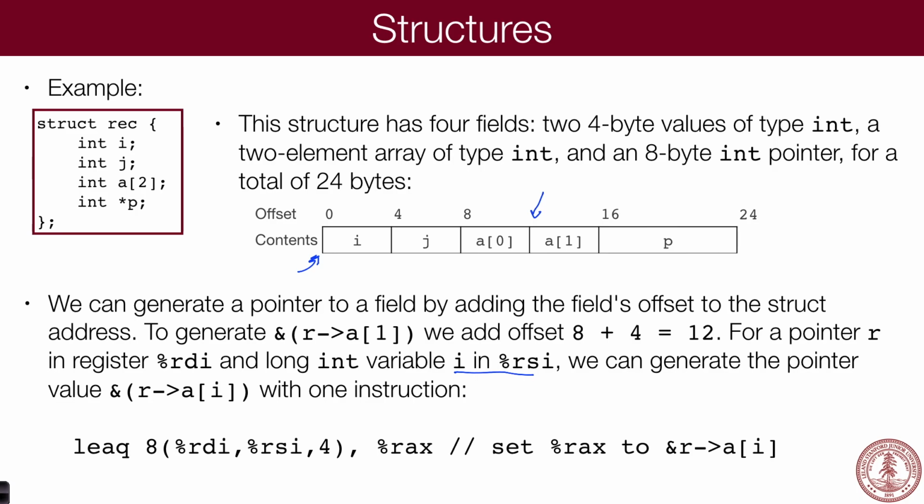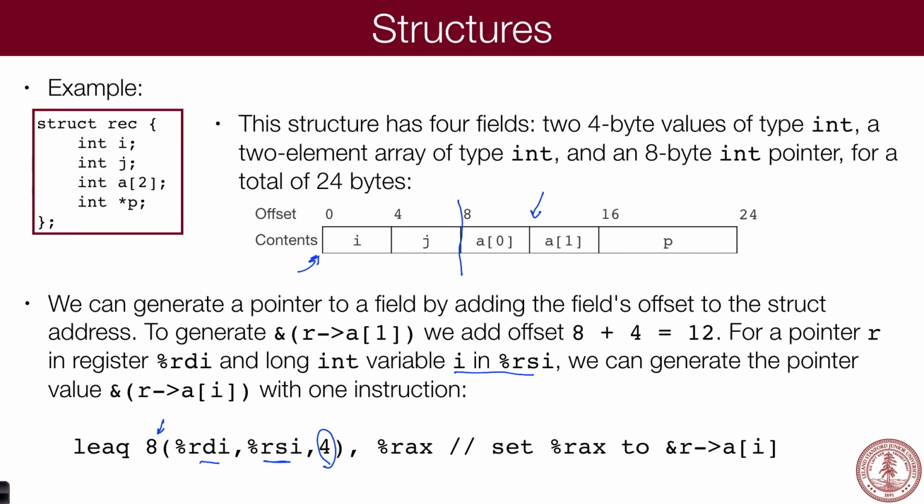It's either 8 or 12, depending on what it is, by doing a little bit of the same math as we always do. We're going to take RDI, and we're going to use RSI. We're going to scale it by 4, because the arrays are integers, 4 bytes, and we have to offset that by the original offset, which was 8 to the beginning of A0. There's a lot going on there.